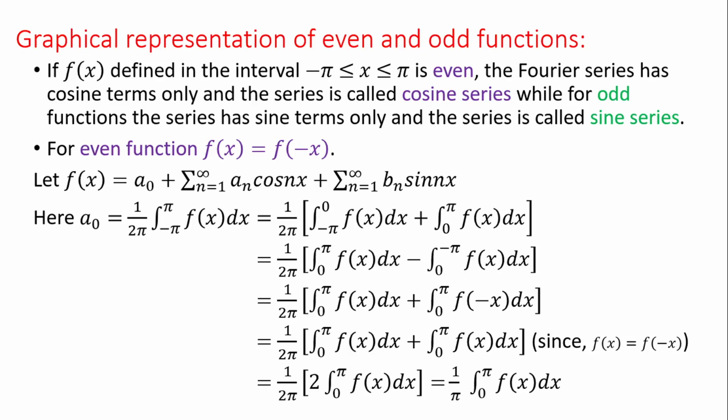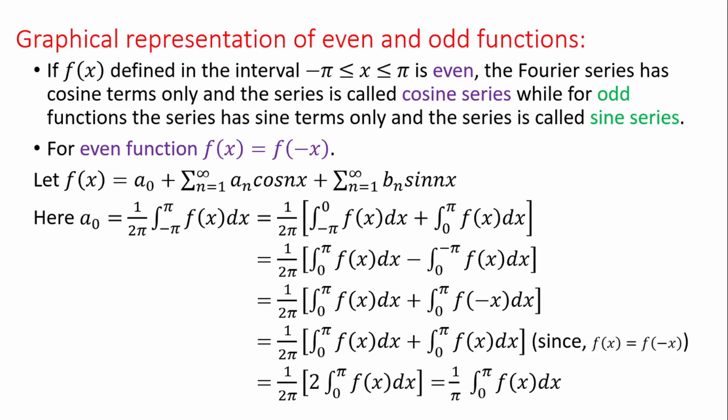Let us evaluate the even series first. For an even function, f(x) is equal to f of minus x. So this is the condition: changing the sign of the variable x from positive to negative does not change the value of the function.